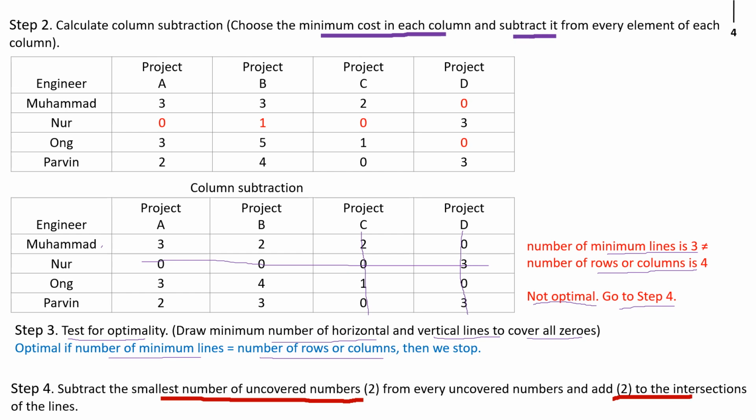Okay, in my case, the uncovered numbers are 3, 2, 3, 4, 2, 3. Among these values, the smallest number is 2. That's why I write 2 here.